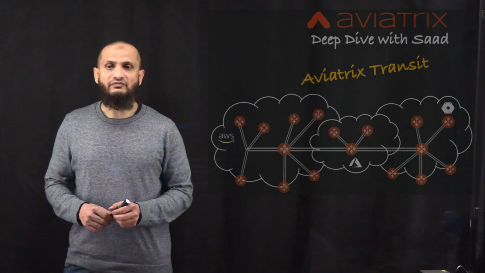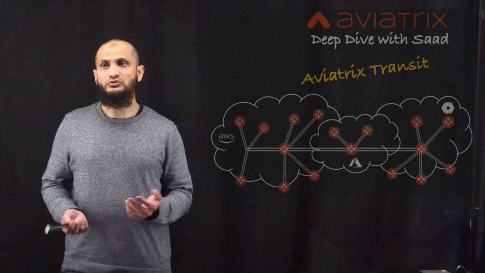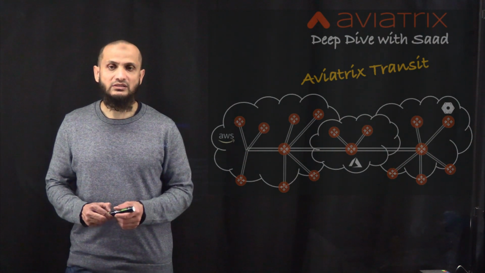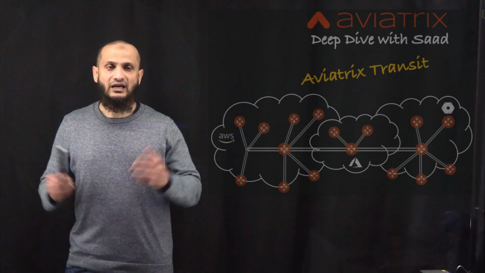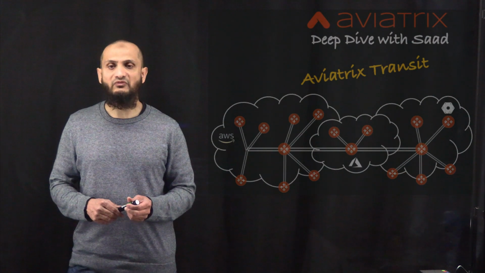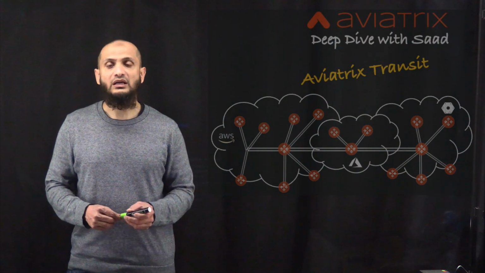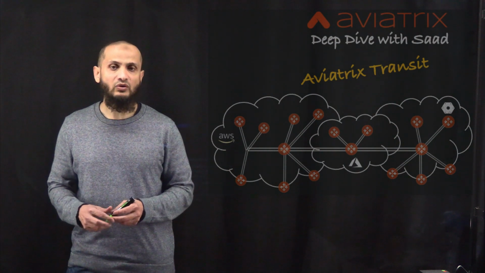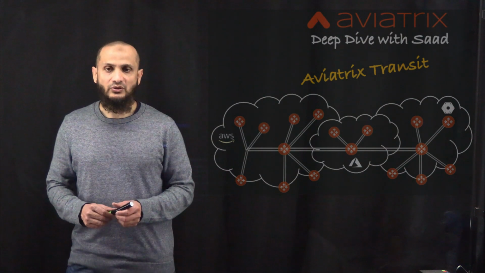So first, you need to define what is going to be the name of your transit VPC. We are going to use an example of the AWS Ohio region. And then the CIDR of your entire VPC. I want to use a /23. That is the minimum available CIDR for your transit VPC, and there's a specific reason why the Aviatrix controller does not allow less than a /23 subnet mask for the transit VPC.